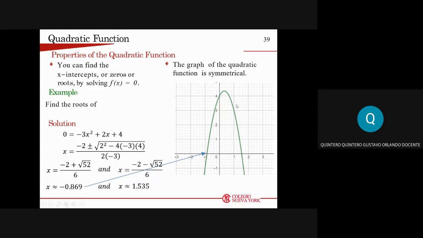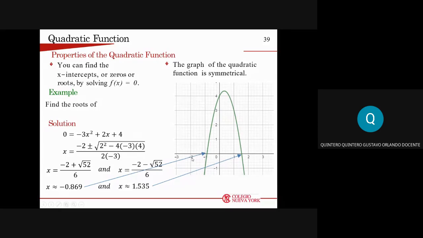And the second one is approximately 1.535, that one. So kind of in the middle between 1 and 2, because it is 1.5. All right, so there you go. This is how you find the two x-intercepts, also called zeros, or also known as the roots.